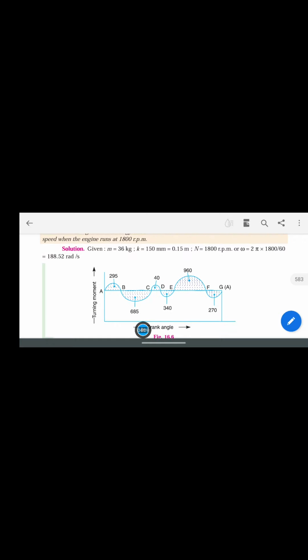Moreover, in multi-cylinder engine problems, we first need to calculate the fluctuation of energies. In order to do that, we need to start by calculating the energy at every point. Please don't get confused, it is very easy.